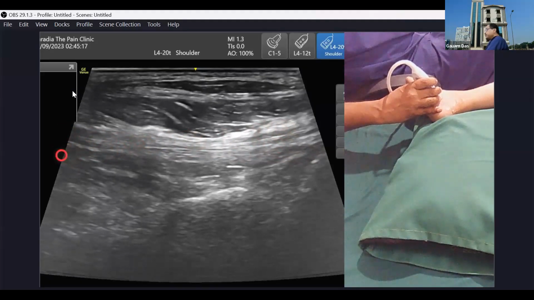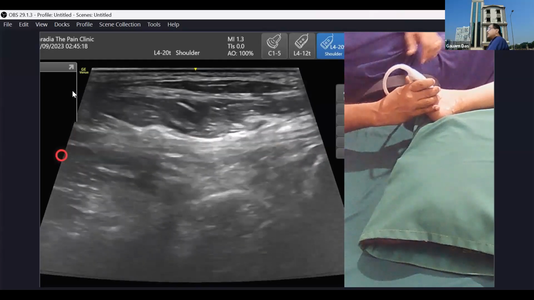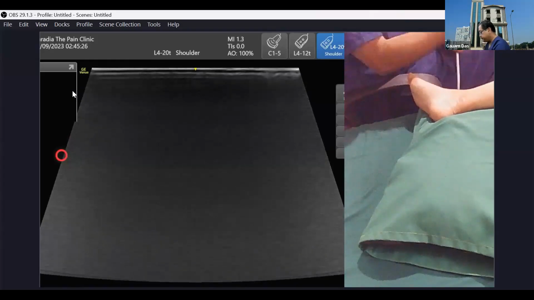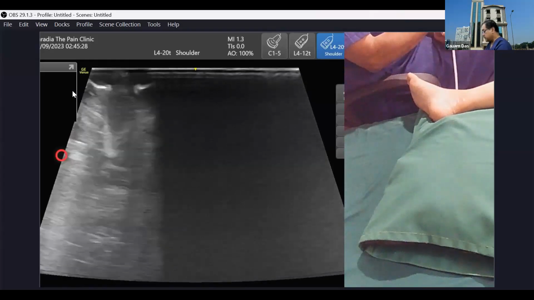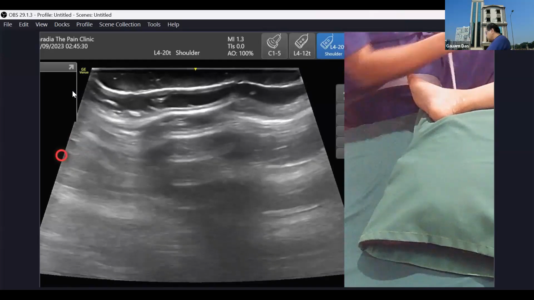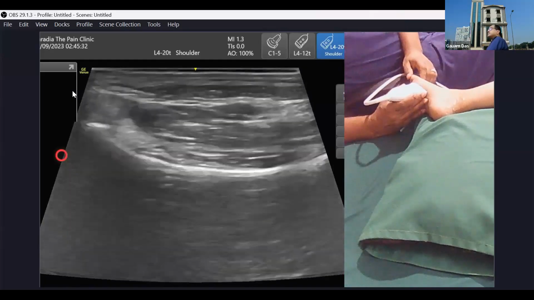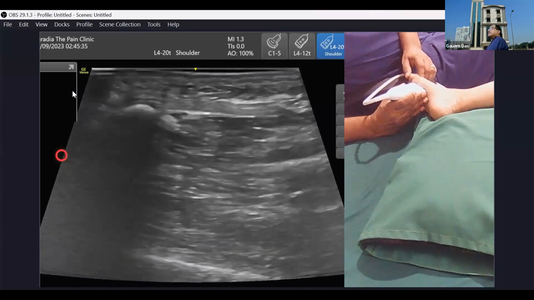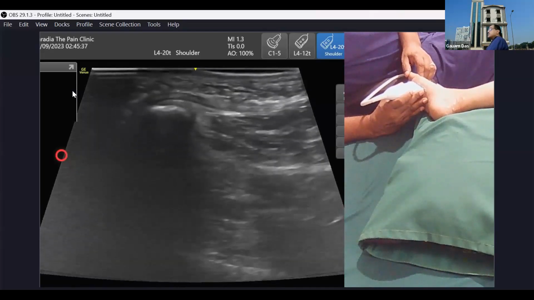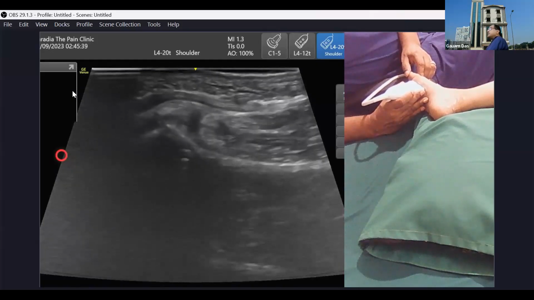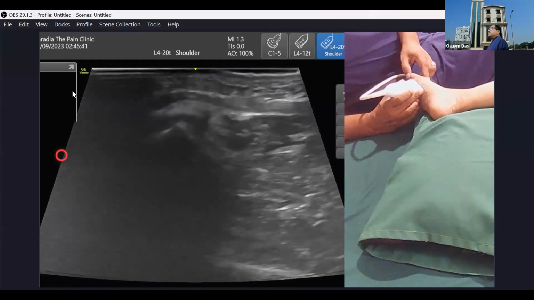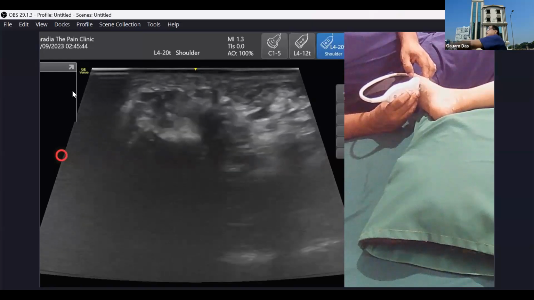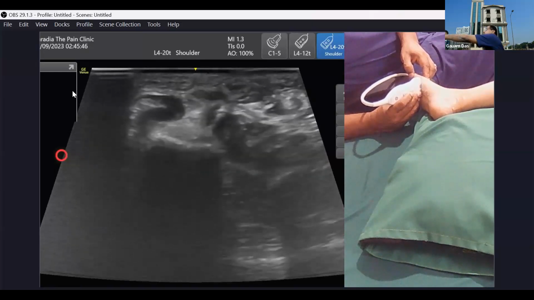Okay, so now if you are following the flexor hallucis, you see, then you put some gel. Flexor hallucis longus. So this was the flexor hallucis longus. Here it will be between the two sesamoid bones. Let me reduce the depth a little bit.